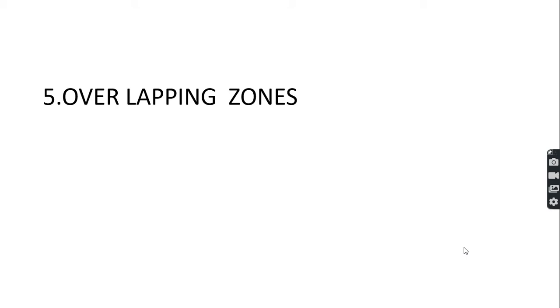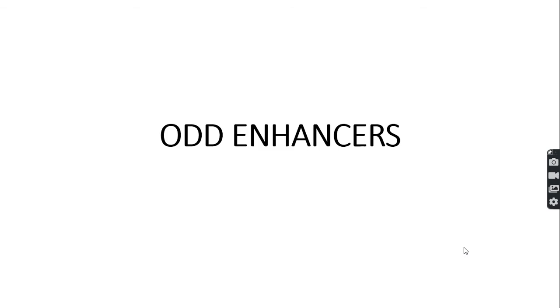All right, so these are the five most important odd enhancers that will help you become a better supply and demand trader, because overall they help you to choose better zones to trade from, and the better the zones that you find, the more likely those trades are going to be successful.